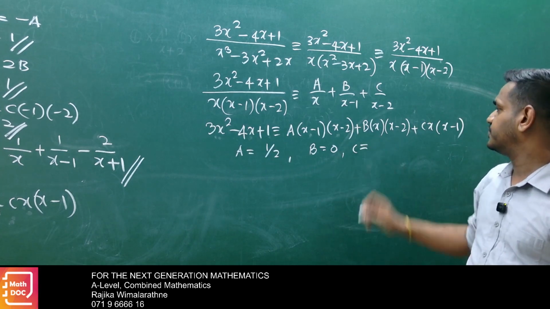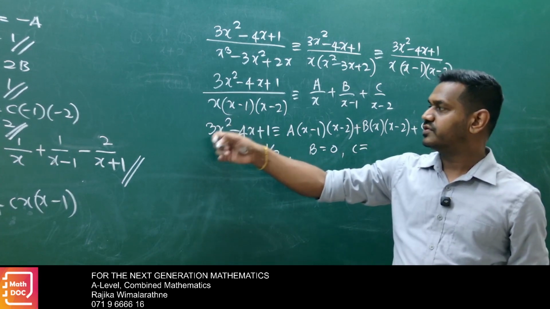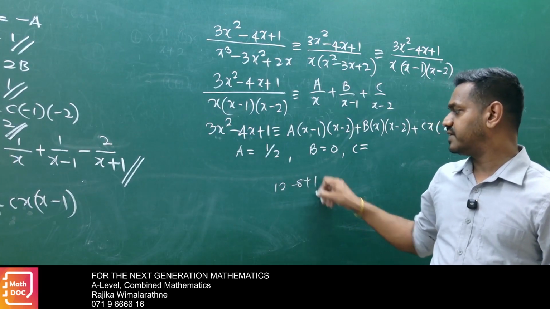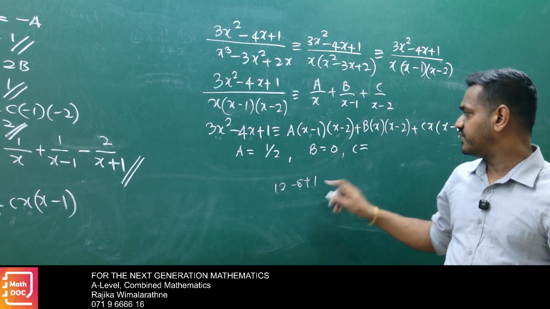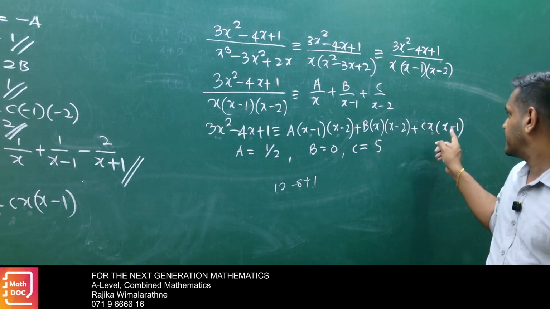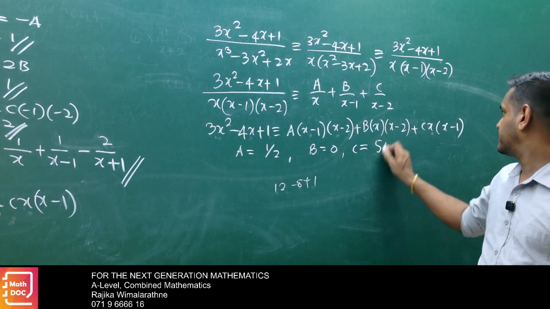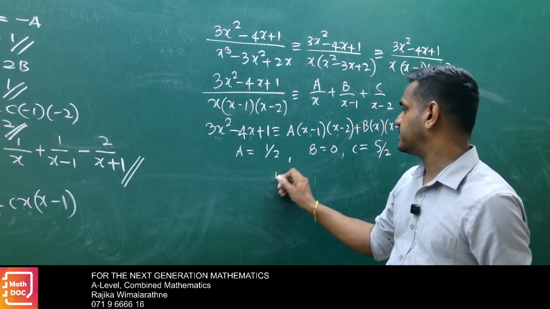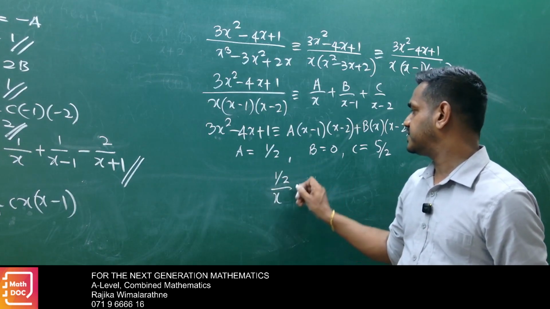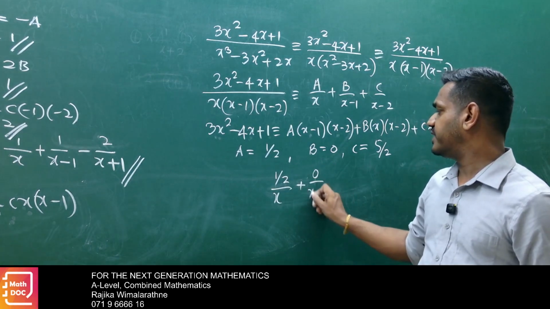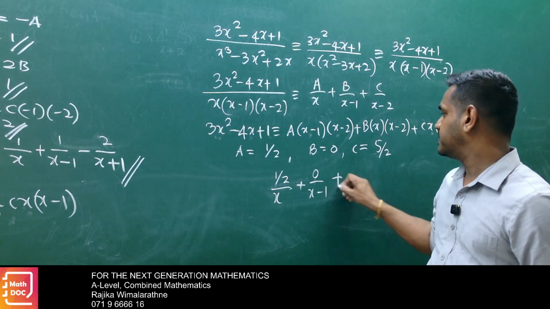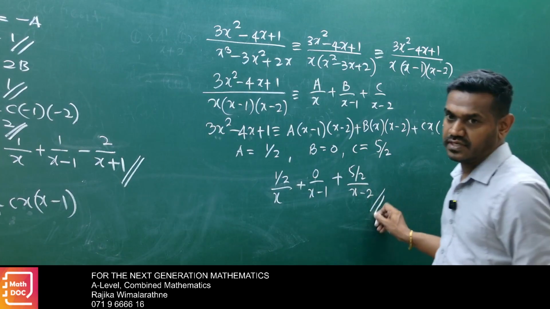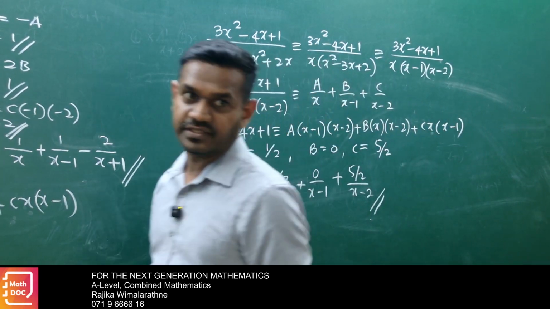Substitute 2: 12 minus 8 plus 1 is 5, so c equals 5 over 2. Then finally, the partial fraction is 1 over 2x, plus 0 over x minus 1, plus 5 over 2 over x minus 2. That is the partial fraction.